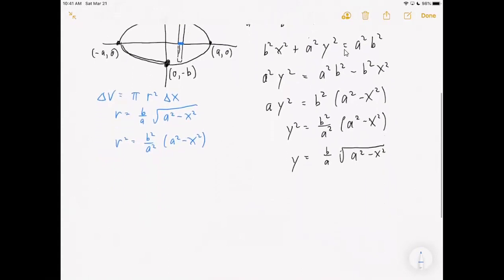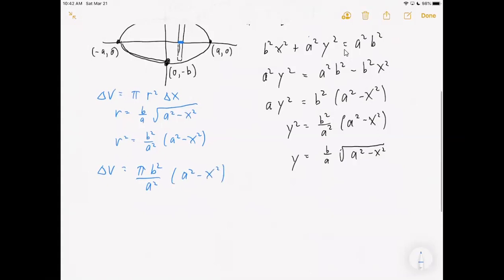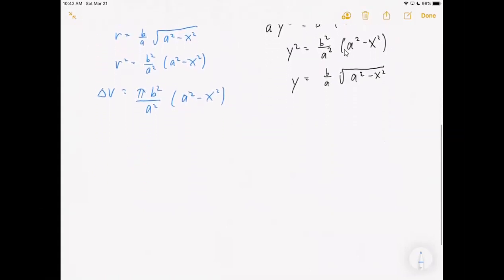We're going to put that in, and we'll have that the volume element is equal to pi b squared over a squared times the quantity a squared minus x squared. Continuing along, we can turn that into a volume integral, and we'll bring those constants out.